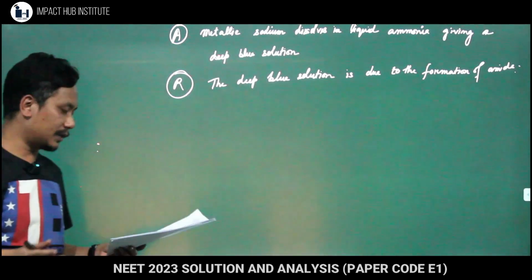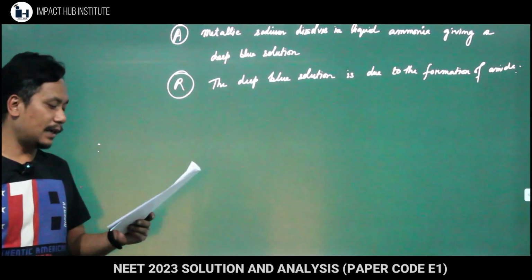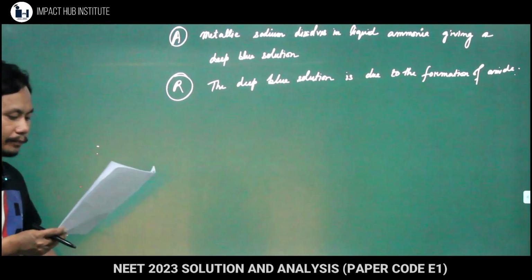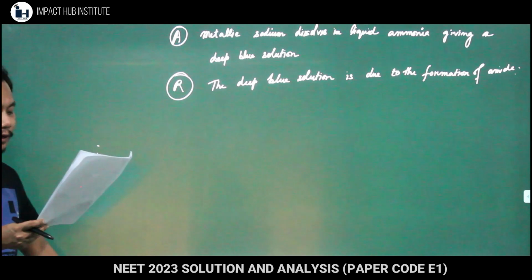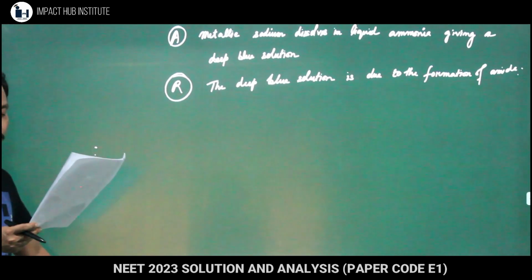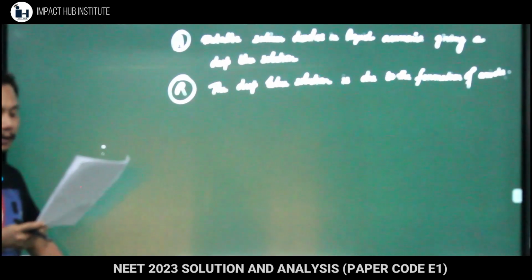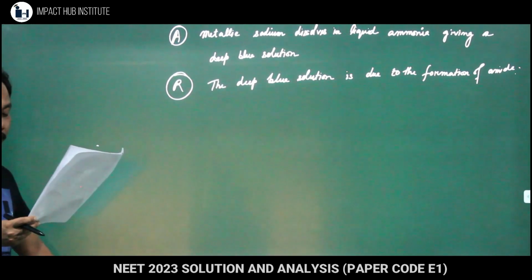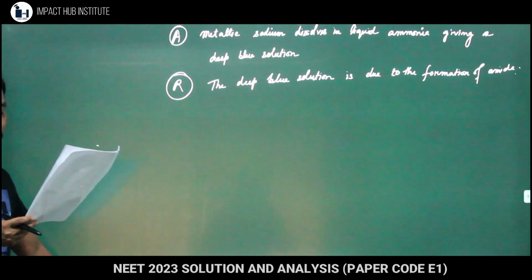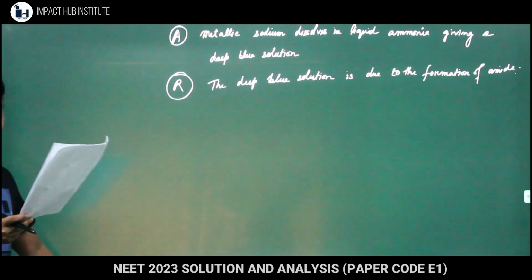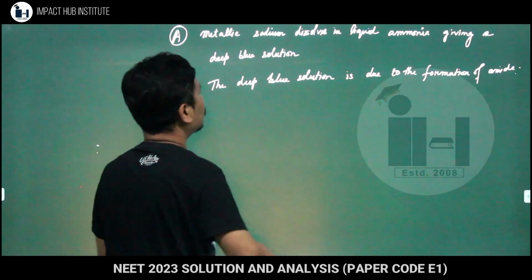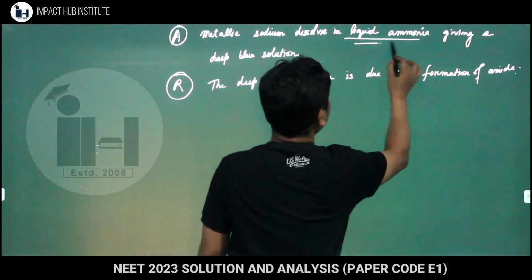Option number 1 says both A and R are true, and R is the correct explanation of A. Option number 2 says both A and R are true, but R is not the correct explanation of A. Number 3, A is true but R is false. Number 4, A is false but R is true. Metallic sodium, when dissolved in liquid ammonia, gives a deep blue solution.